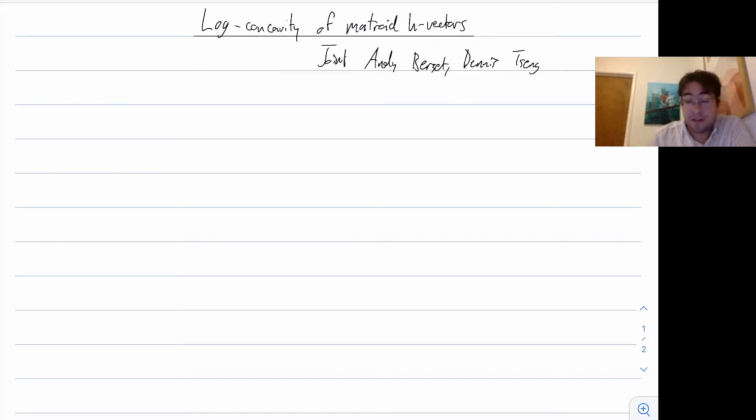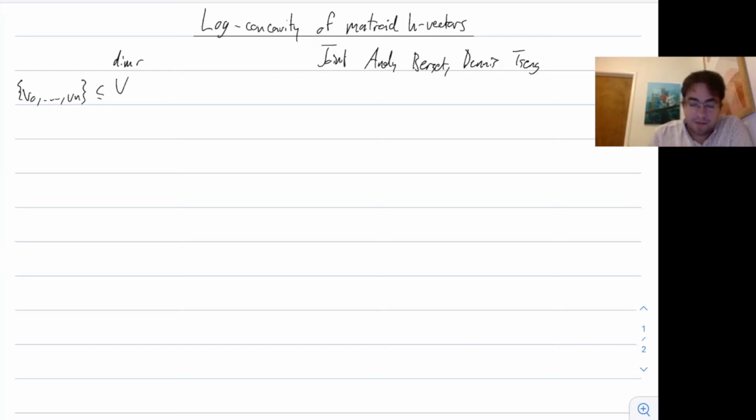So first of all, what is a matroid? Well, for the purposes of this talk, we're going to take a collection of vectors inside some vector space. We're going to say this vector space has dimension r.